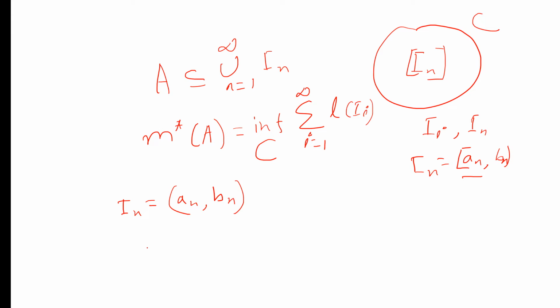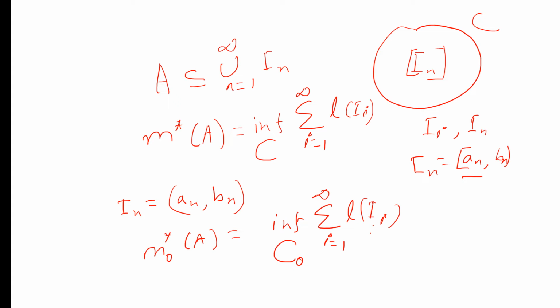Let us denote it by m star O of A, which will be equal to the infimum over the collection CO, let us call it CO, of the summation, i running from 1 to infinity, of l(Ii). It will be like this, where this interval is of this form, an open interval.